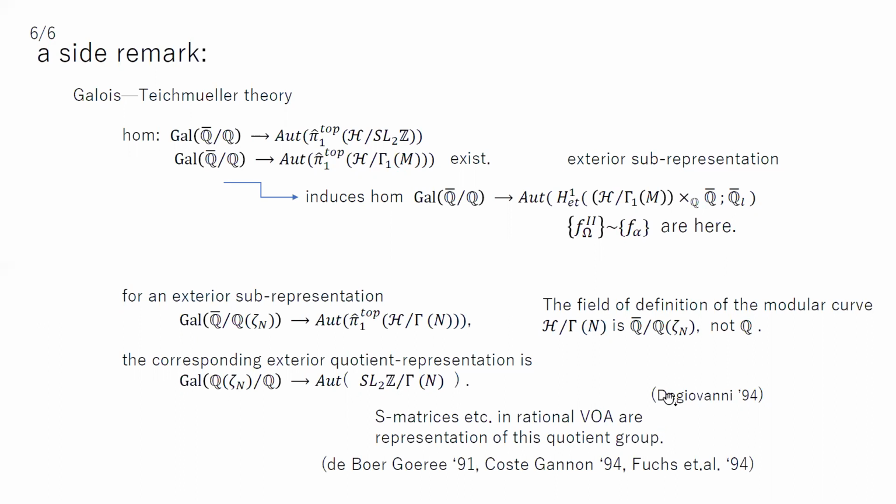Then in a paper by De Giovanni in 1994, the argument was that it is regarded as a part of the Galois-Teichmüller theory. Galois-Teichmüller theory, well, in my very poor understanding, I'm sorry: we may think of the upper half plane divided by SL(2,Z), but we can also think of various modular curves. Modular curves with the proper congruence subgroup can be regarded as a covering space over the upper half plane quotient of SL(2,Z).